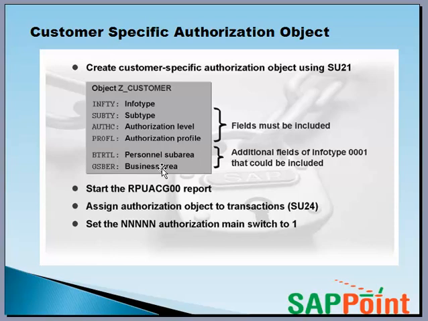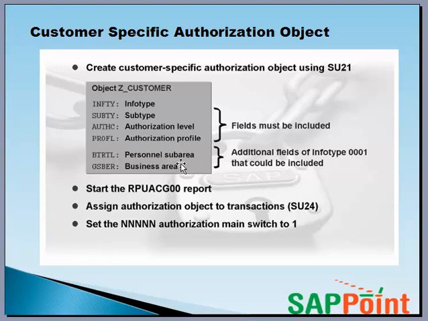Now you can also use customer specific additional fields. That is, if there is a field in a table that has been created by the customer, this is a custom field. You can use those fields also, provided those fields are of character type or NUMC type.